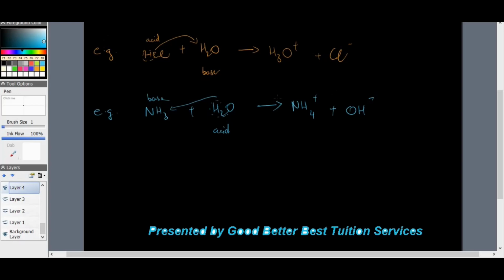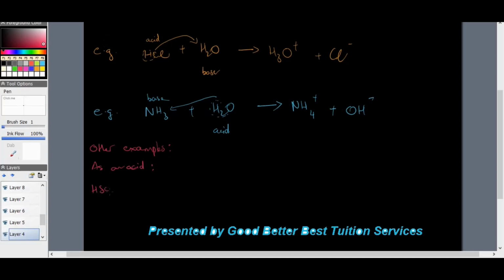There are a few others that do exist, and I'm going to mention just a few of them. I'll record them under other examples. As an acid, a proton donor, we have HSO4-.